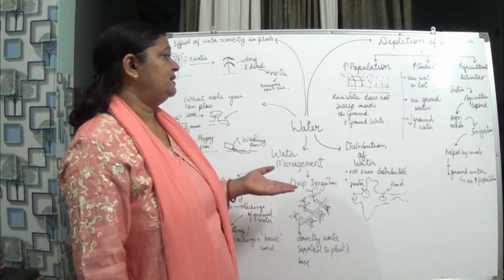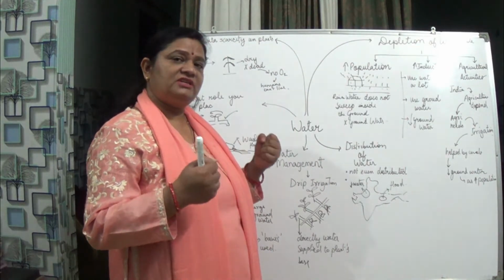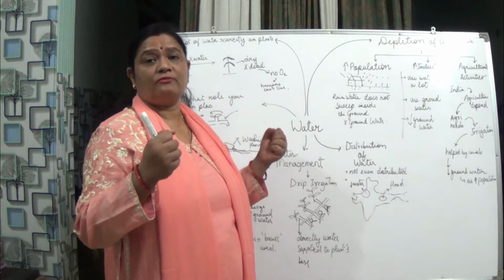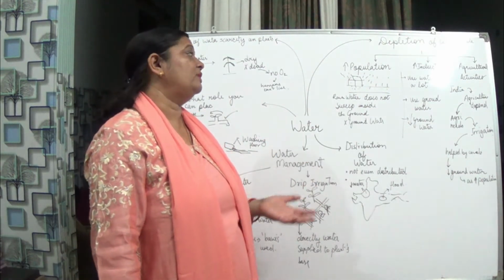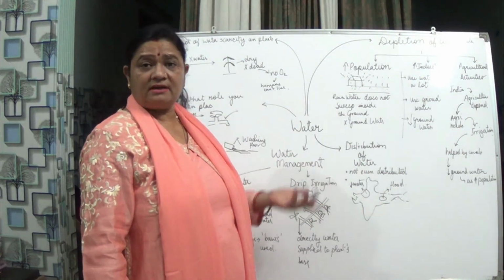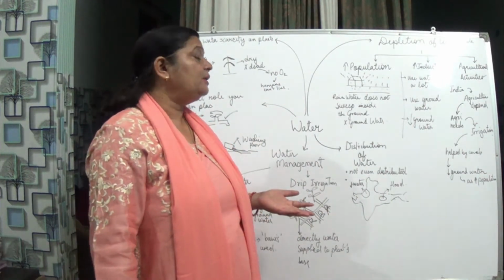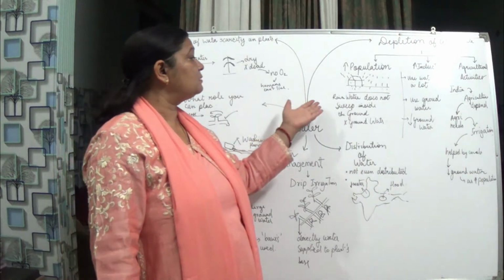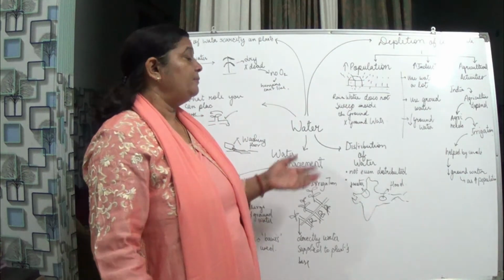Houses are being constructed more and more, industries are being constructed, and agricultural activities are carried out so much in order to fulfill the needs of human beings. So population is the major cause for depletion of water table.